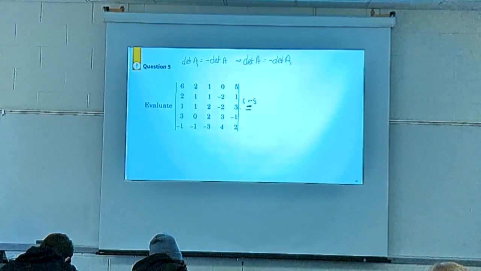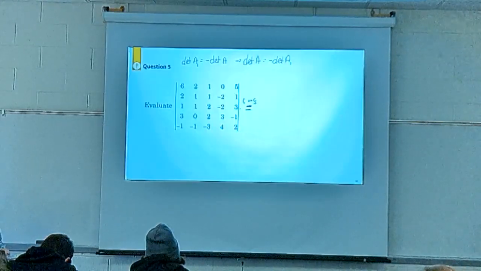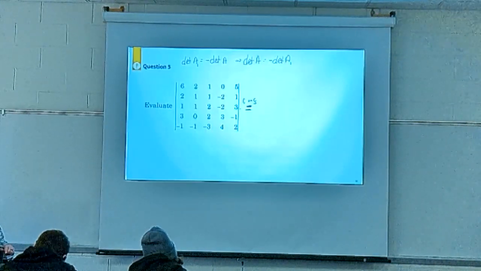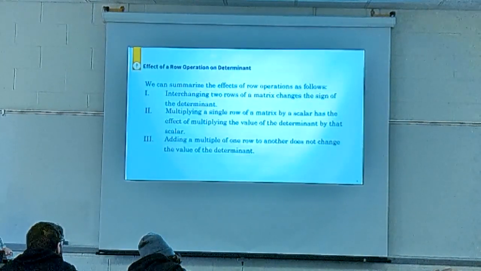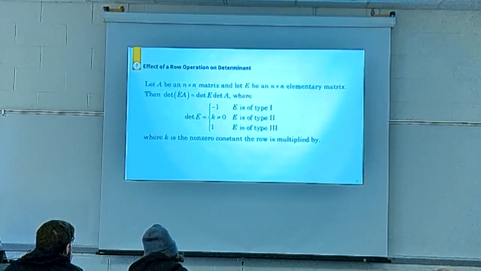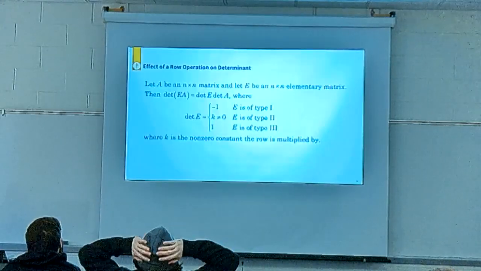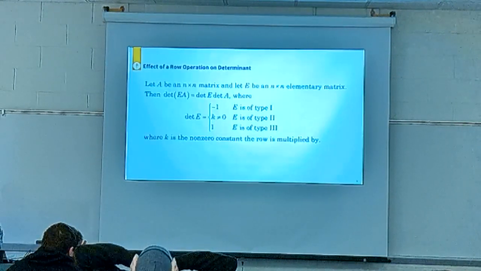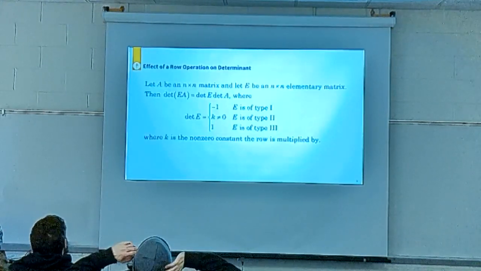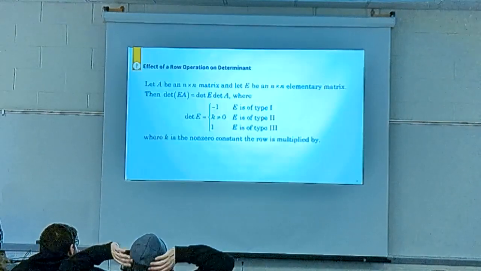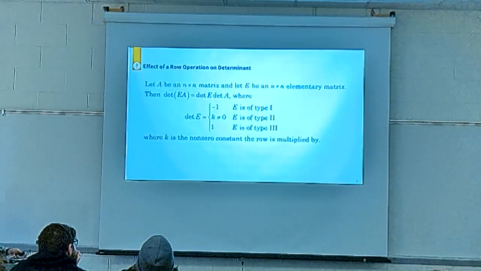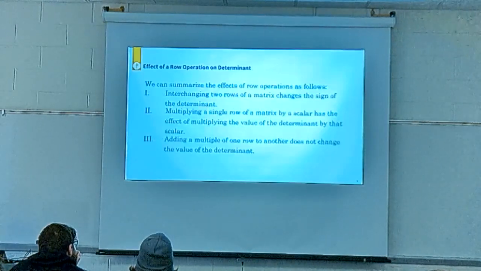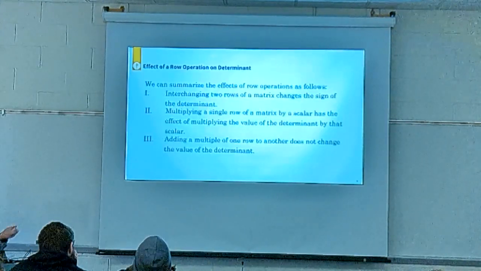So what you have to keep in mind is the summarization, these 2 slides, give you the determinant of your new matrix A sub 1, after you perform the row operation, which is not what we're looking for. We're looking for the determinant of A. Again, type 1, just multiply by minus 1.